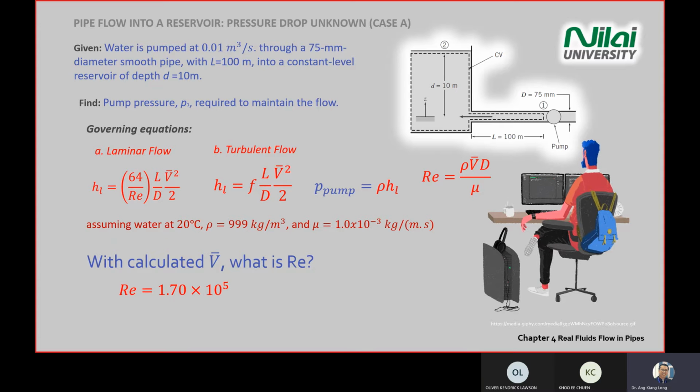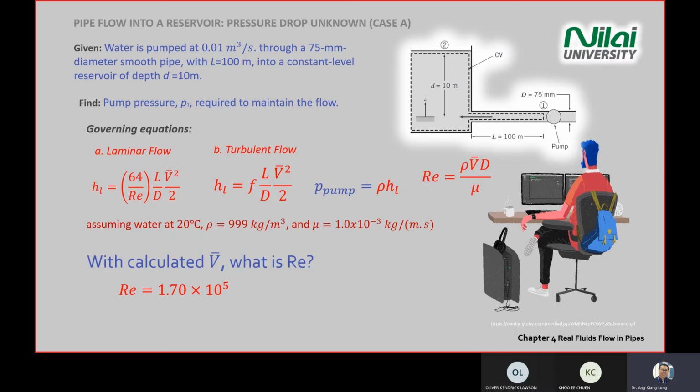So what kind of flow is it? Laminar. If it is more than 2,300, you get laminar. Oliver, do you agree with this statement? No, laminar is below 2,300. Yeah, so if the Reynolds number is less than 2,300, you're having laminar flow.